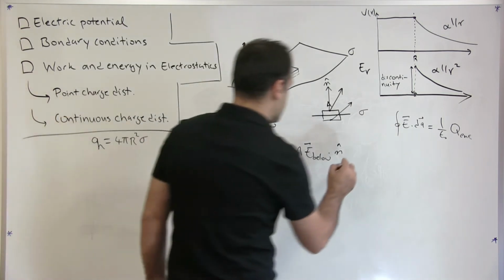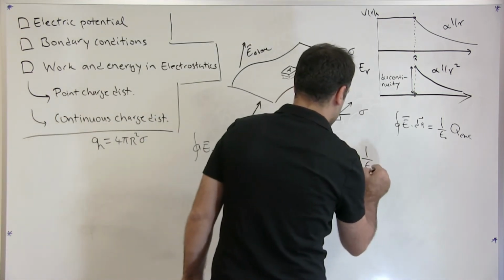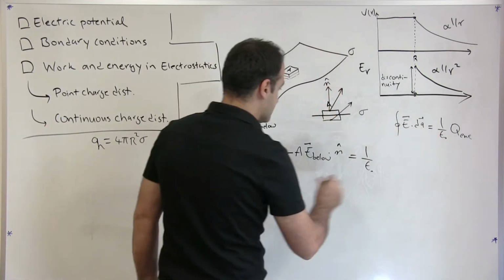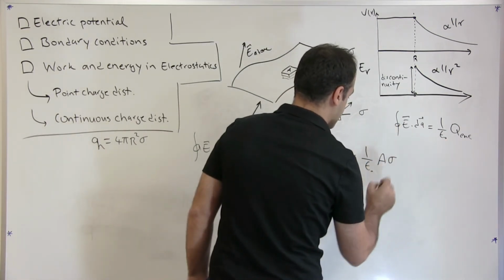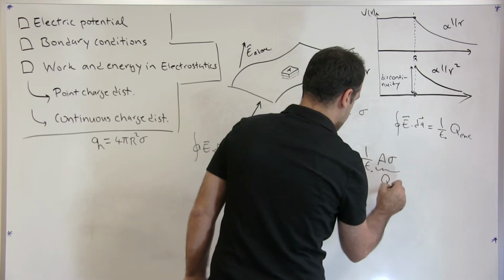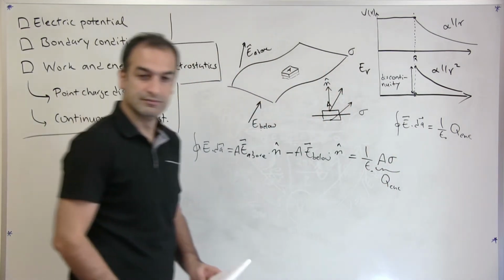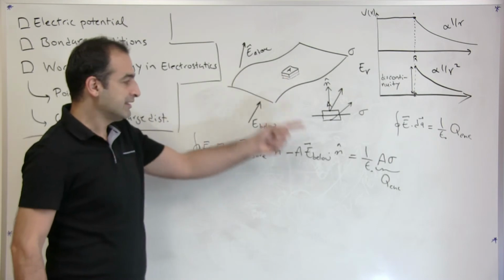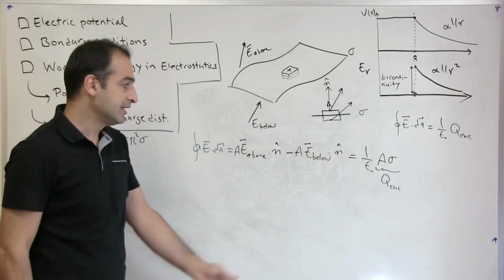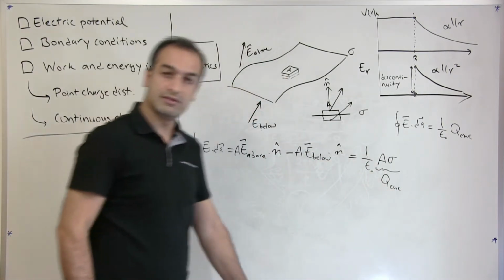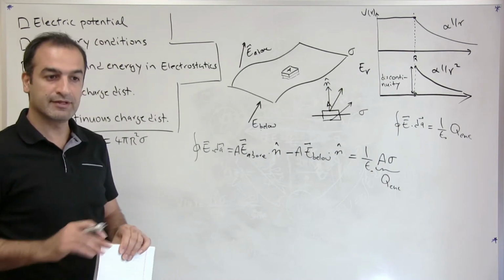And that should be equal to 1 over epsilon 0 Q enclosed, which is A times sigma. A times sigma is our Q enclosed here. A is the surface area, sigma is the surface charge density, and that as a whole is going to be the enclosed charge. So far, so good?